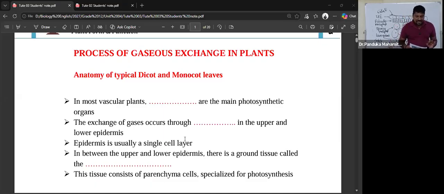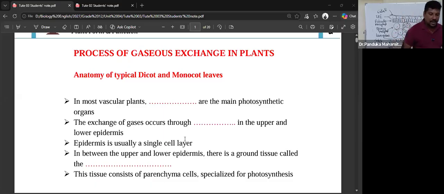Epidermis is usually a single cell layer, and in between the upper and lower epidermis, there is a ground tissue called the mesophyll. This tissue consists of parenchyma cells specialized for photosynthesis. These parenchyma cells located in the leaves are called mesophyll.